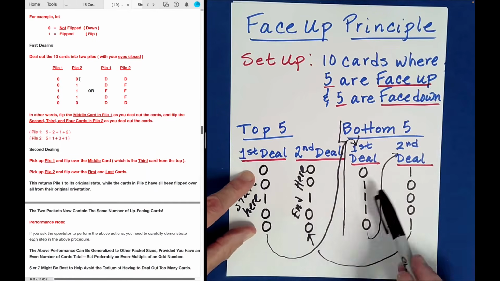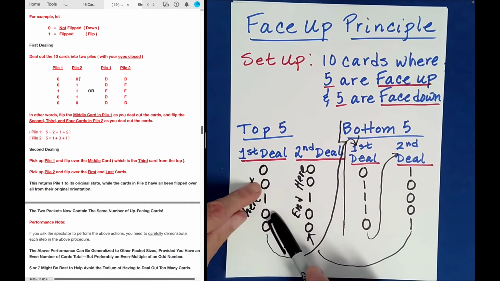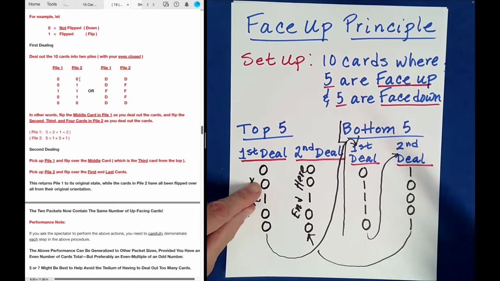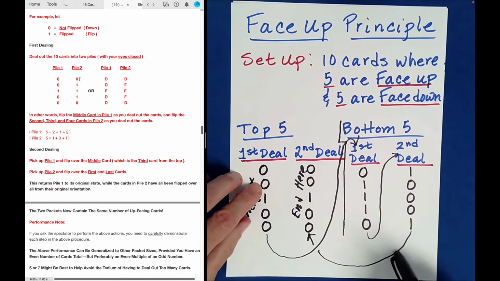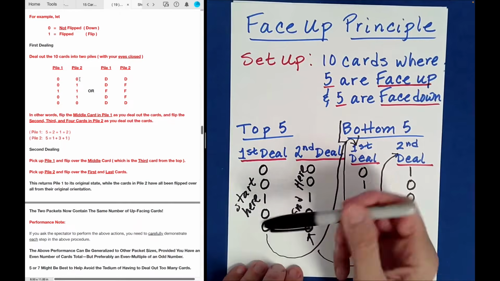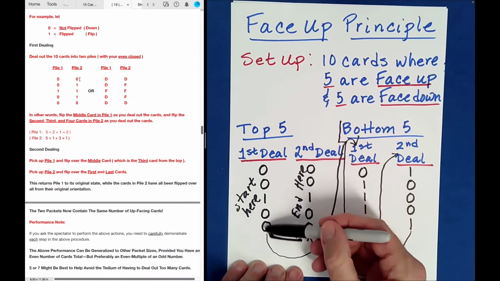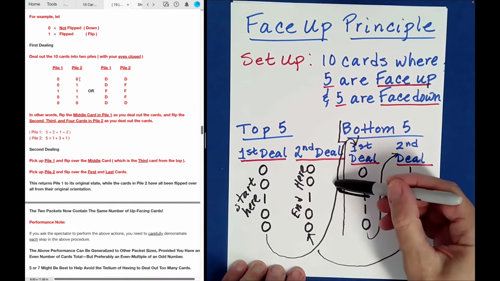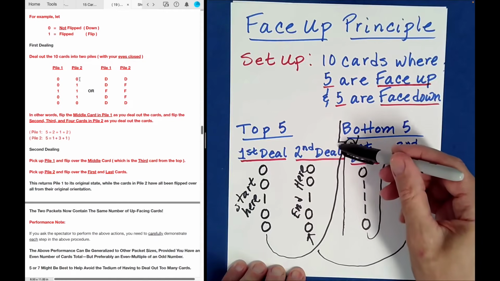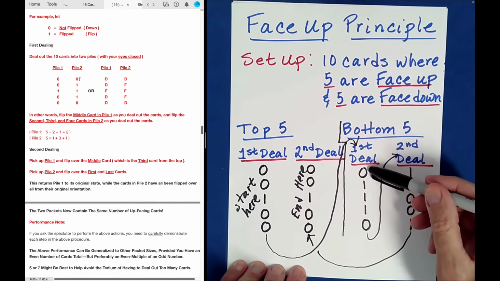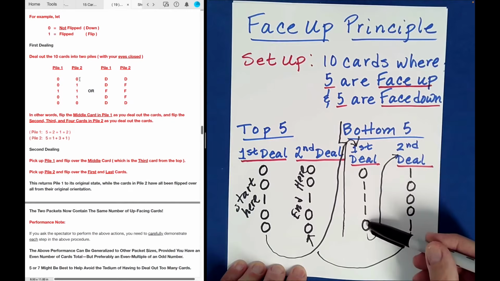So essentially, the second 0 and the fourth 0 get replaced by a 1, by a flip. Okay, so if you can remember, this is your first sweep through the top 5. And then this is your first sweep through the bottom 5.